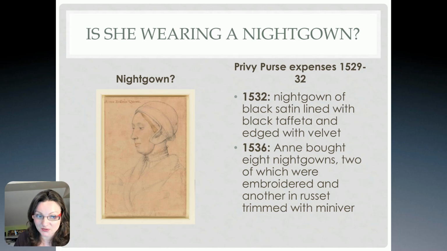In 1532, for example, Henry VIII gave her a nightgown of black satin, lined with black taffeta and edged with velvet. In 1536, shortly before her death, Anne bought 8 nightgowns, 2 of which were embroidered, and another one was in russet, trimmed with miniver.